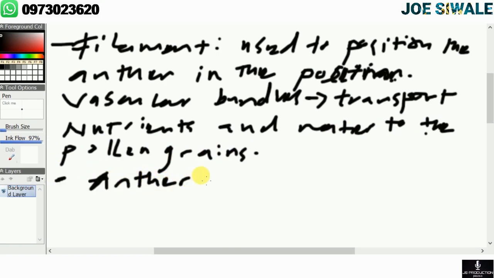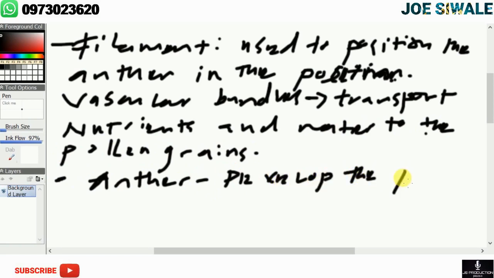Then we have the anther. The function of the anther is to develop the pollen grains.